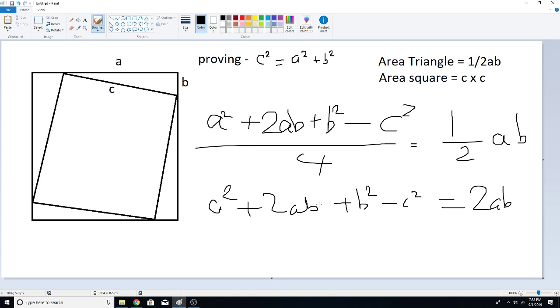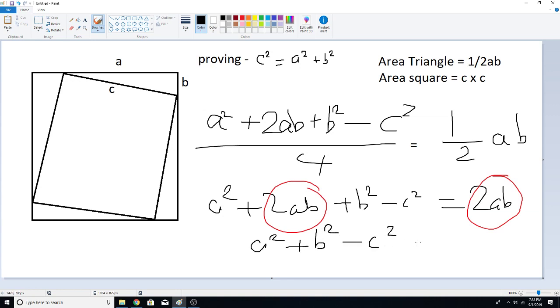So here we see, this is another important thing. Now, this and this cancel each other out. When that happens, it just ends up being a squared plus b squared minus c squared equals 0.